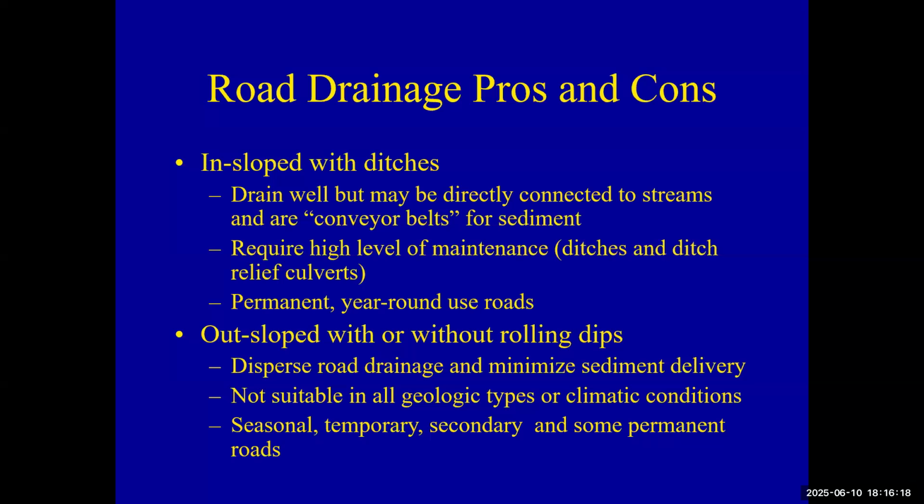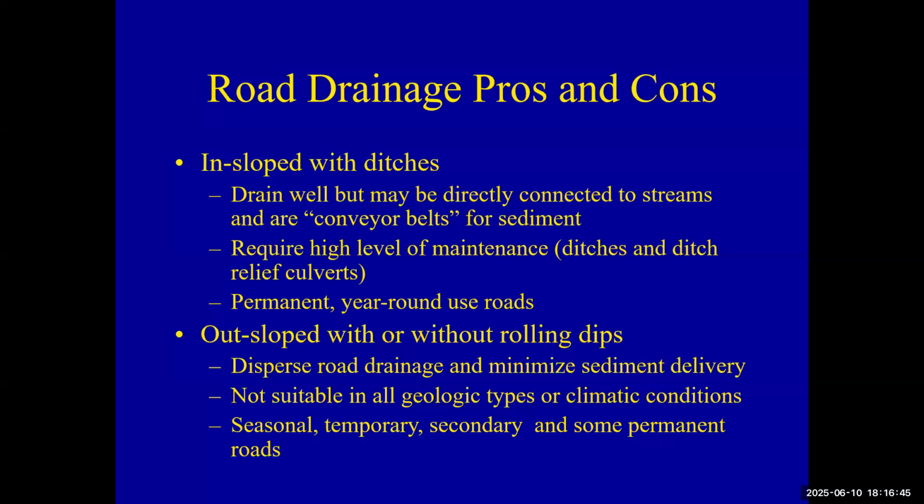Outslope roads, with or without rolling dips, are good because they disperse road drainage and minimize sediment delivery. They're not suitable everywhere. Just think about it: you've got a nice outslope road in an area which is susceptible to black ice. It's no fun. So you have to be careful about the climatic and geologic conditions that you put these roads in.